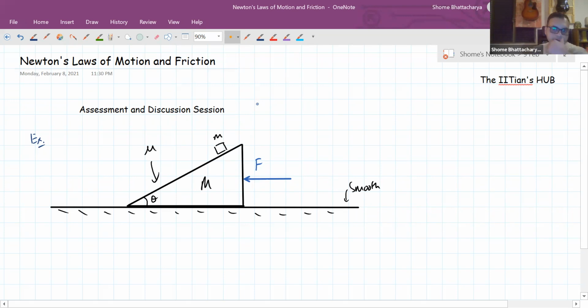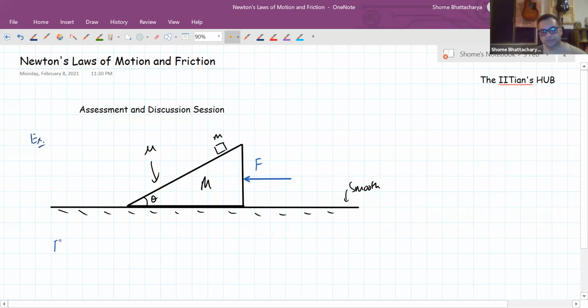So this becomes a slightly more complex version of the problem we've done earlier, because of the friction between the rough surface of the triangular wedge and the block, and therefore the two limiting situations. Okay. So let's understand the statement of the question first, and then we'll come to it.